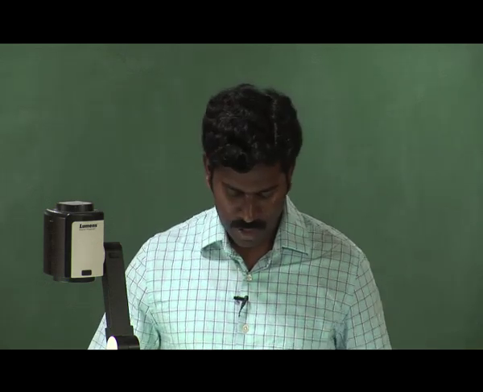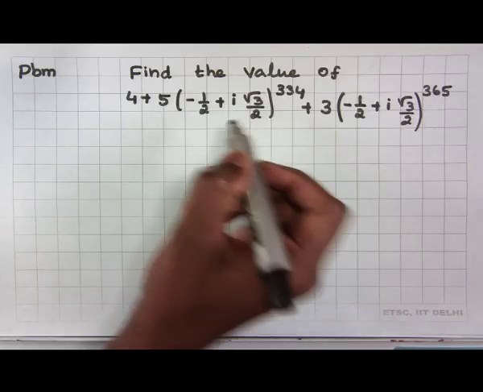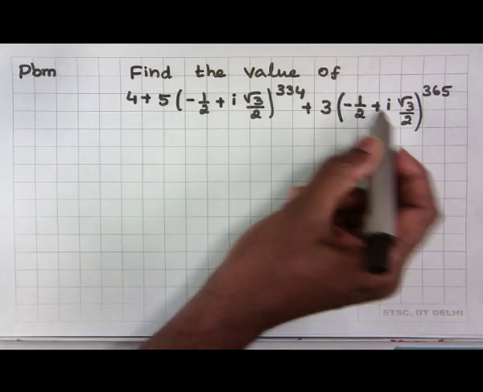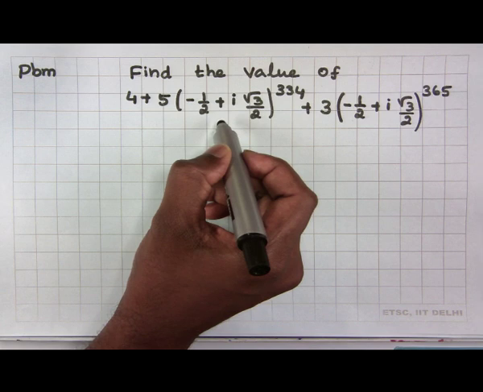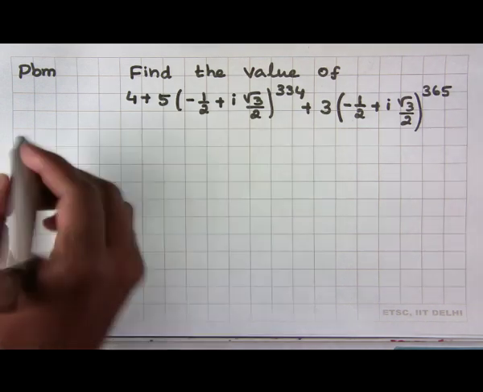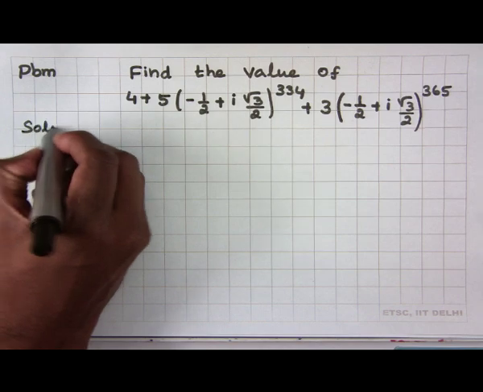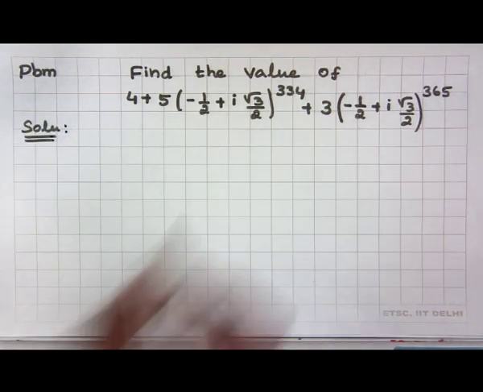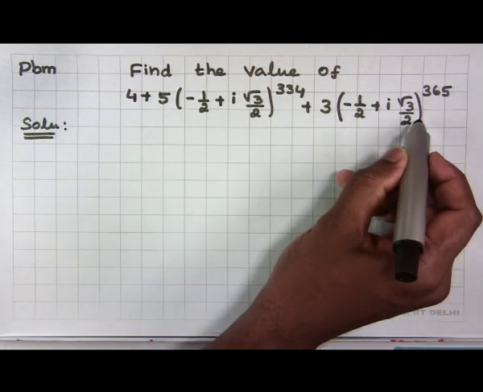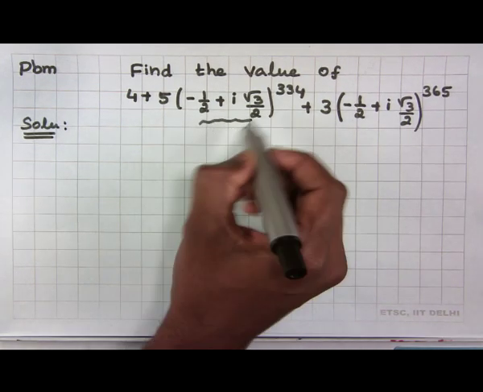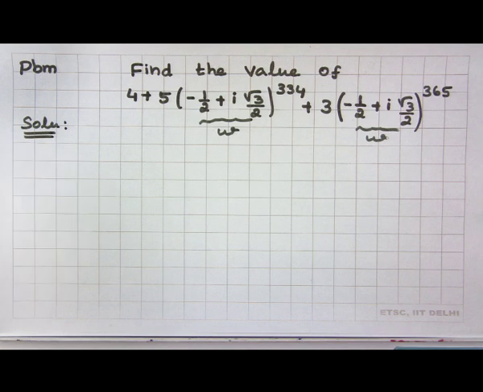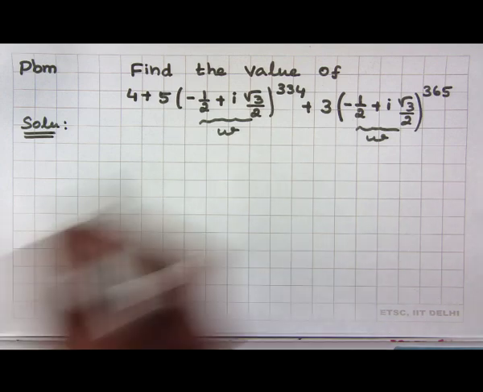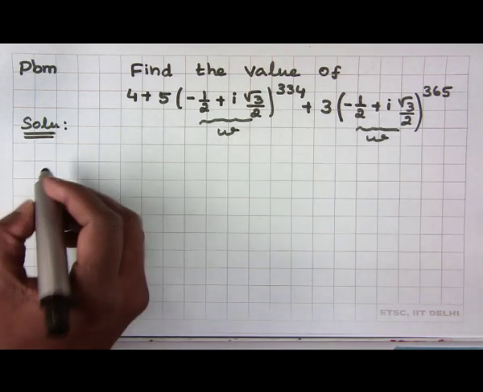Let us do a simple problem. Simplify this expression in a way that it reduces to the form a plus ib. The expression we see has a term which is nothing but our omega. So, using the property of omega we can simplify this easily.